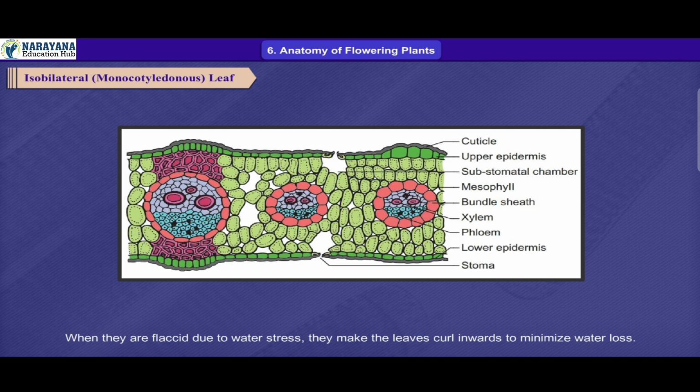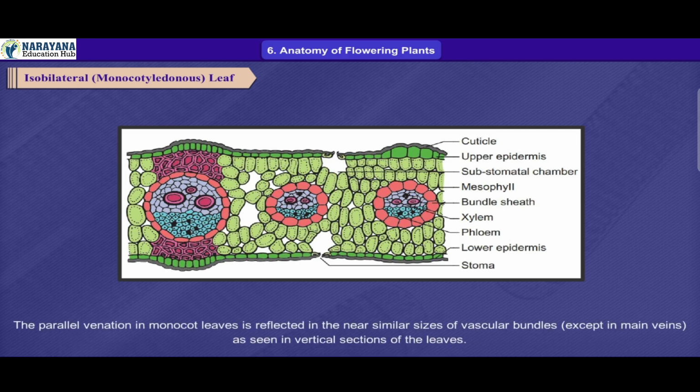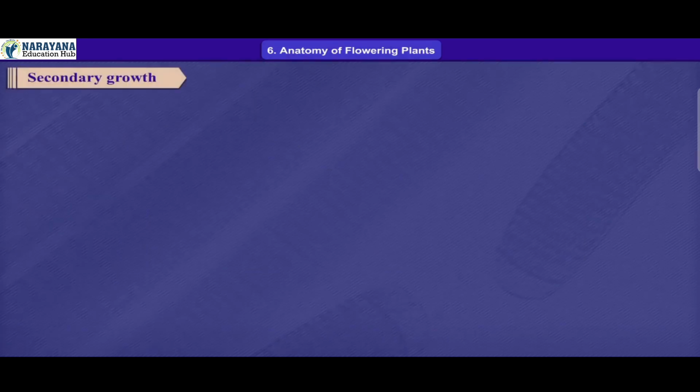When they are flaccid due to water stress, they make the leaves curl inwards to minimize water loss. The parallel venation in monocot leaves is reflected in the near similar sizes of vascular bundles, except in main veins, as seen in vertical sections of the leaf.